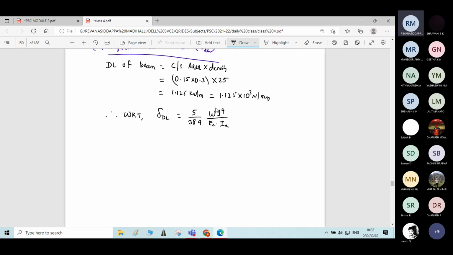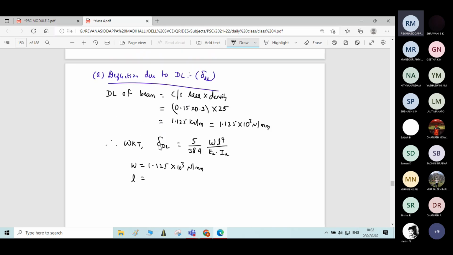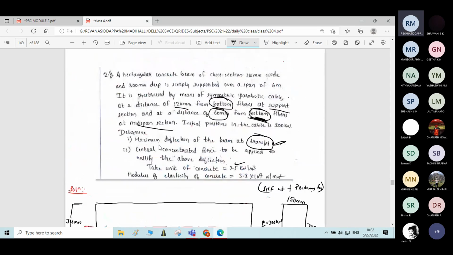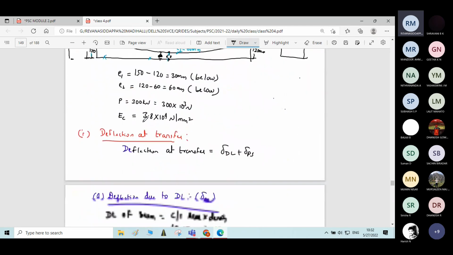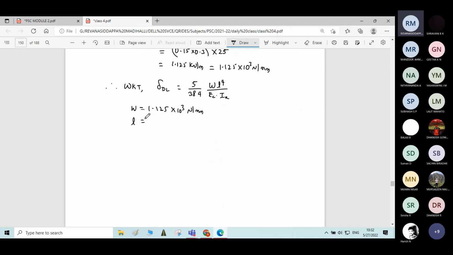The intensity of dead load W is 1.125 into 10 power 3 Newton per millimeter. Length of the beam is 6 meter, in terms of mm it is 6000 mm.